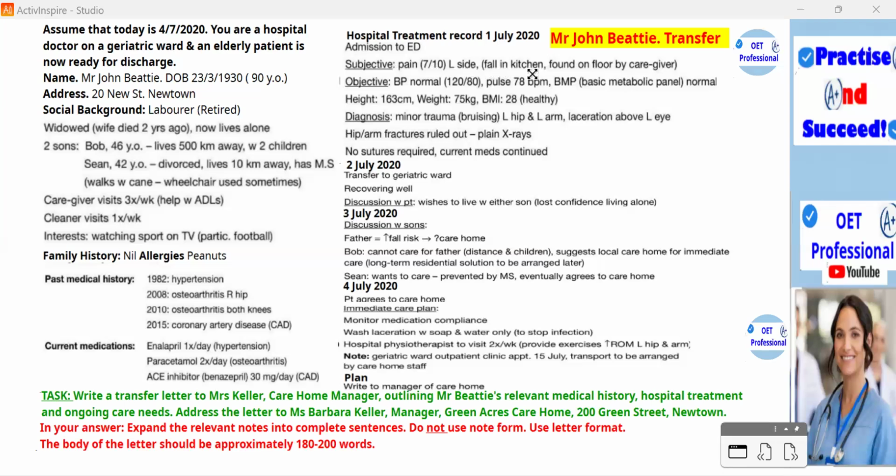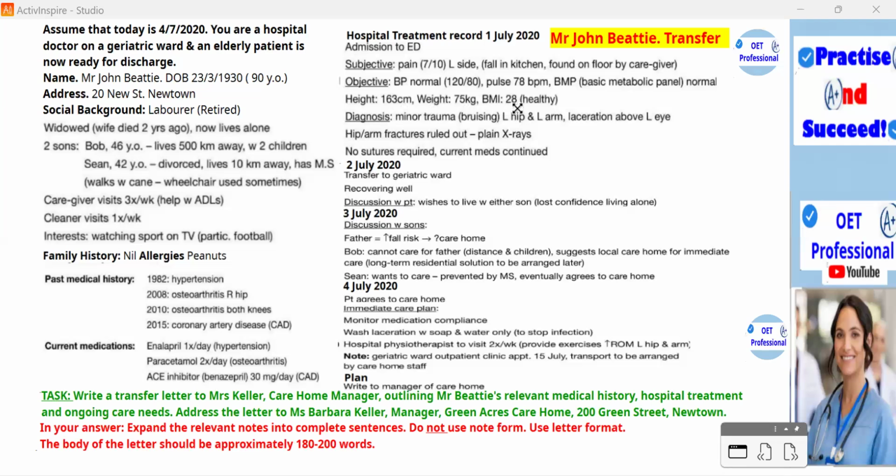Fall in kitchen found on the floor by a caregiver. Objective: blood pressure is normal, 120 over 80. Pulse 78 beats per minute. Basic metabolic panel normal. Height 163 centimeters. Weight 75 kg.